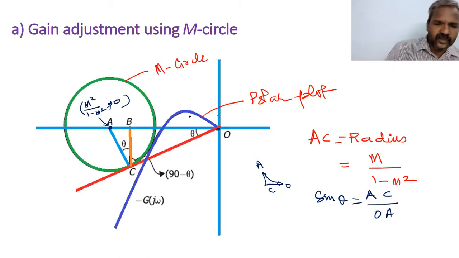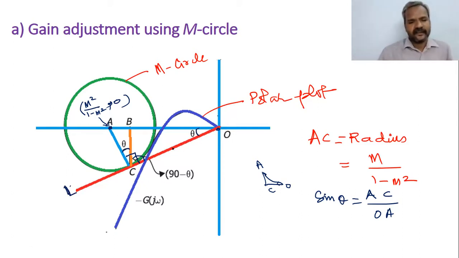So according to the alternate angles, this will be theta. This is also theta. This is a right angle triangle, so this angle is 90 minus theta. Let us represent the tangent as T, for easy identification.